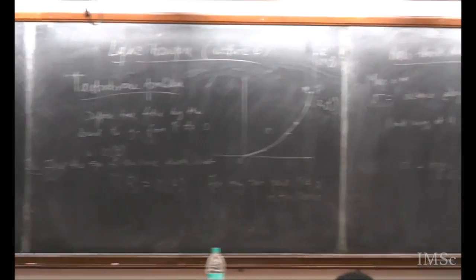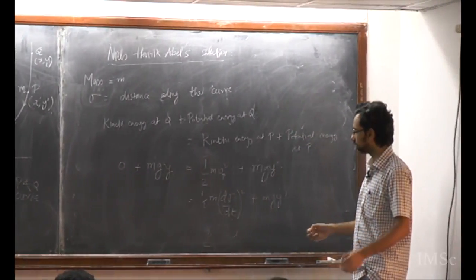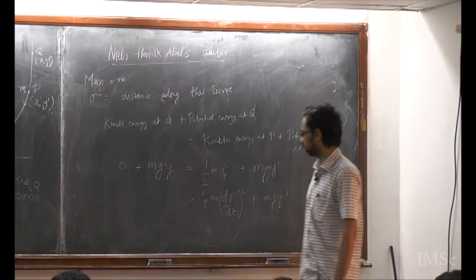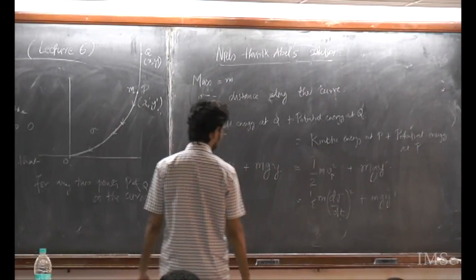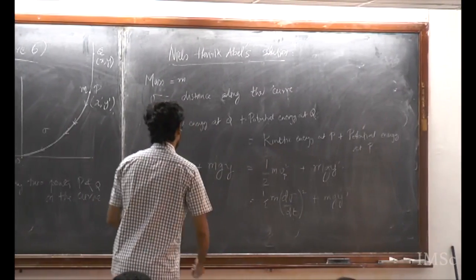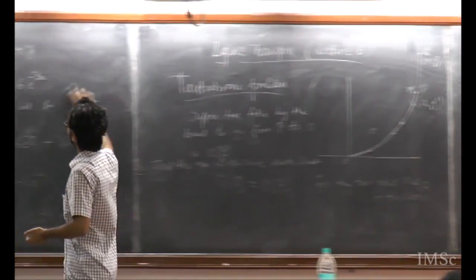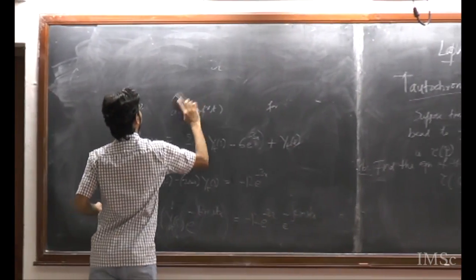And this is the time derivative of the arc length, which will give you the instantaneous velocity of the bead. So in the end, you get a differential equation.